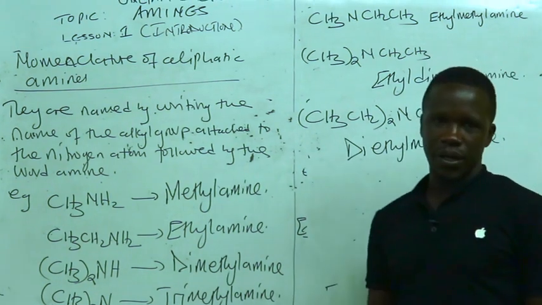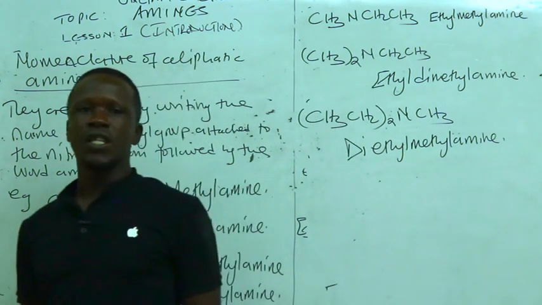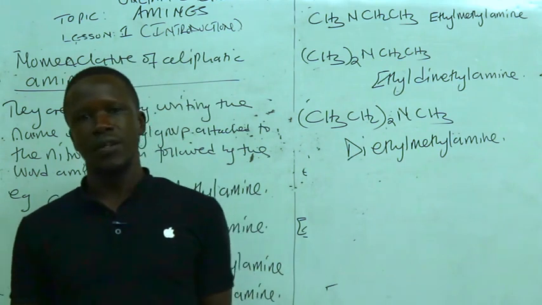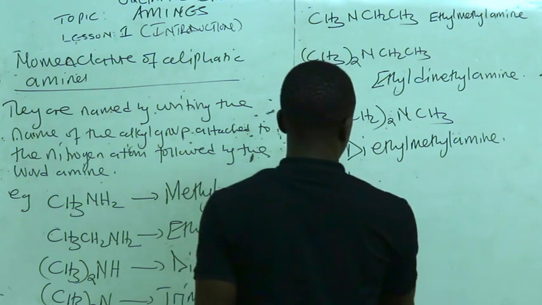In some cases of the aliphatic amines, we would put the position of the amino group and we name them as amino alkanes if they are considered to be branches.